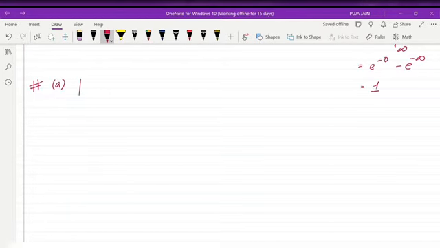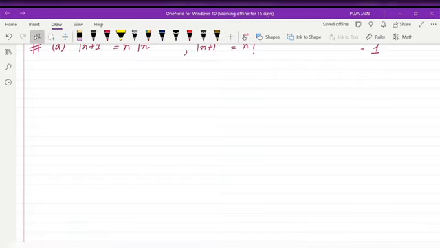The first result we will get to know is gamma of n plus 1 is equal to n gamma n, and gamma of n plus 1 is equal to n factorial. Now you see, we already know that gamma of n is equal to the integral from 0 to infinity of x to the power n minus 1 e to the minus x dx.